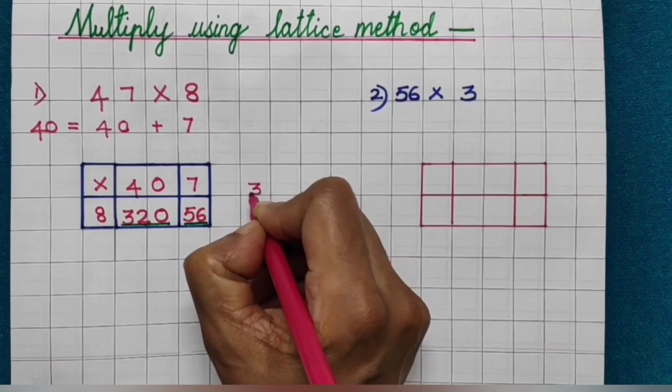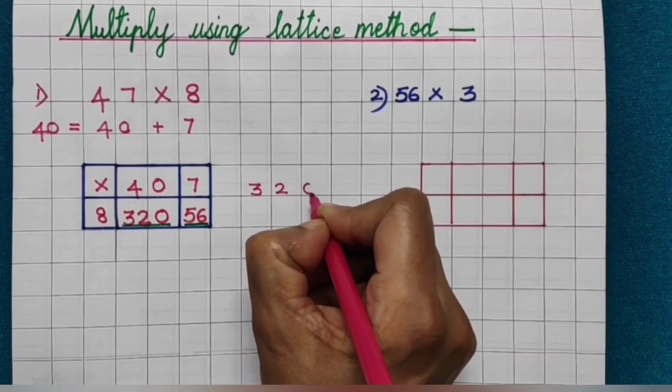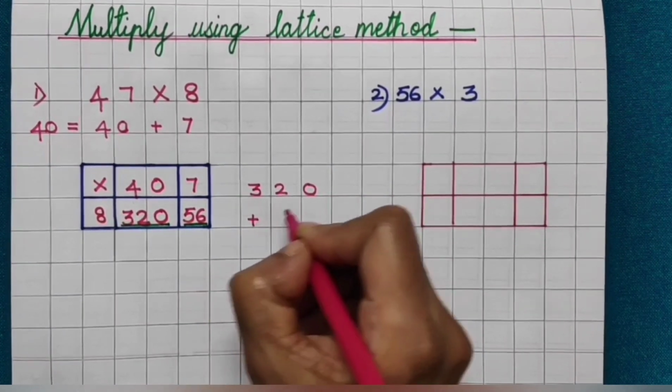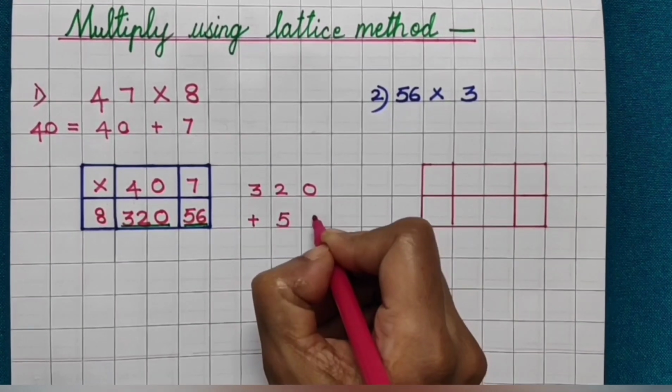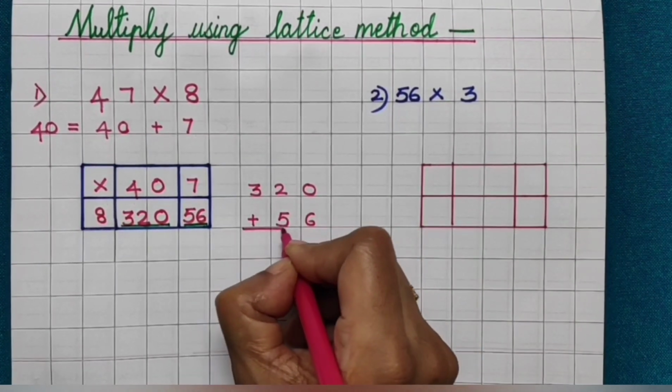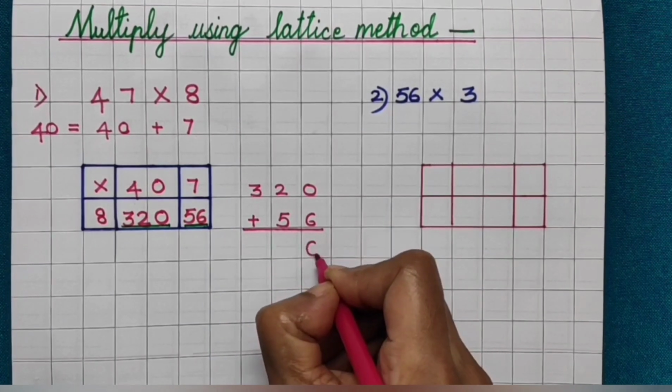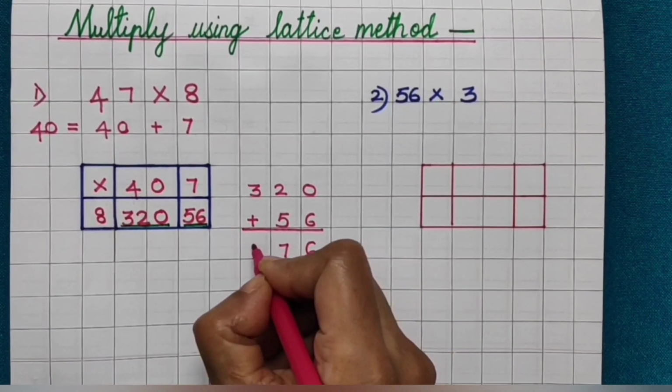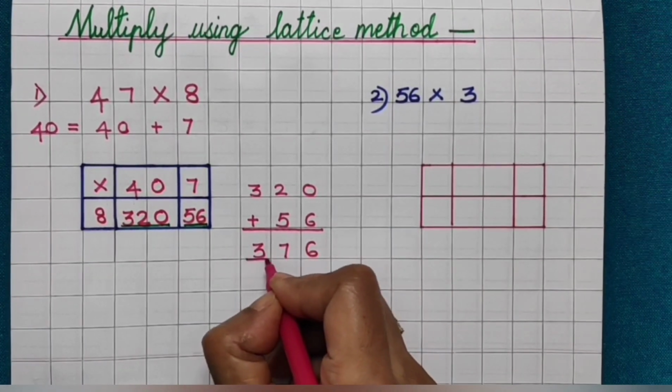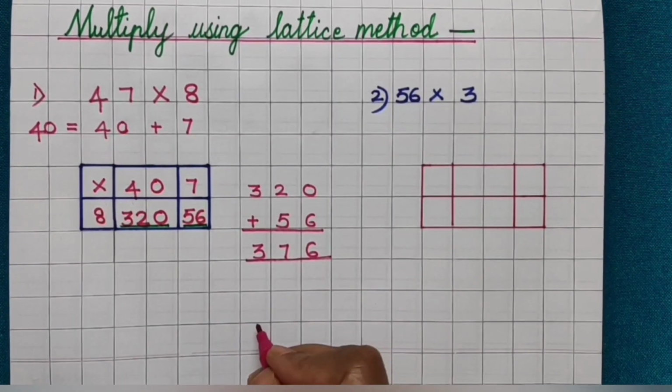So 320 plus 56. Make sure you arrange tens below tens, units below units, and do the addition. So 6, 7, 3. The answer is 376.